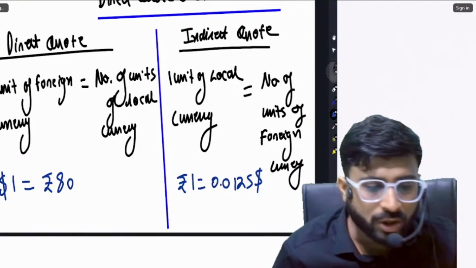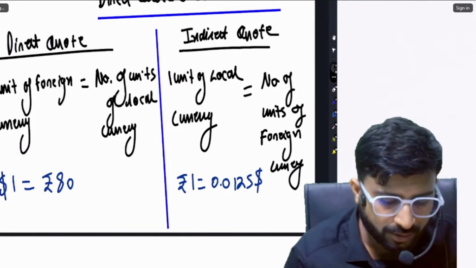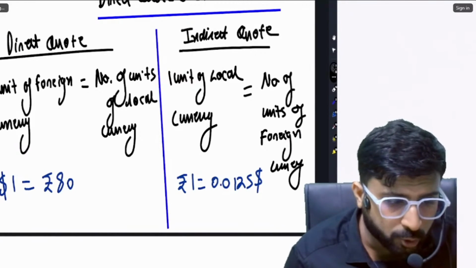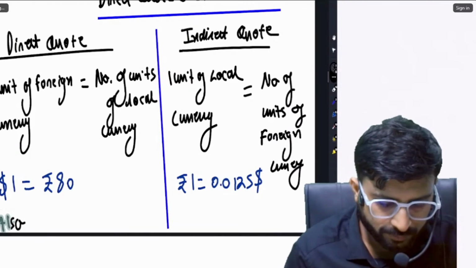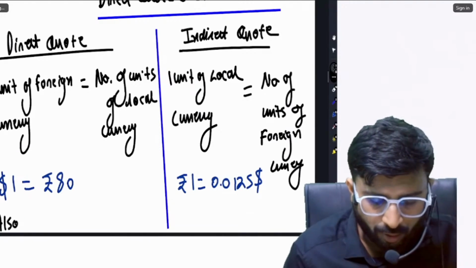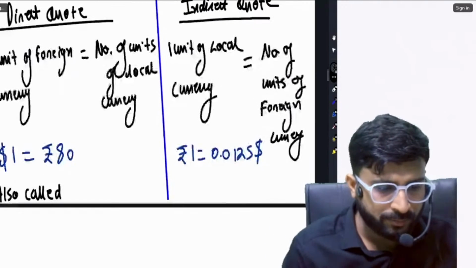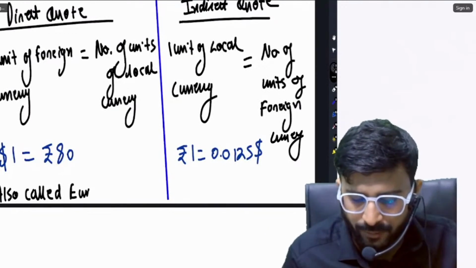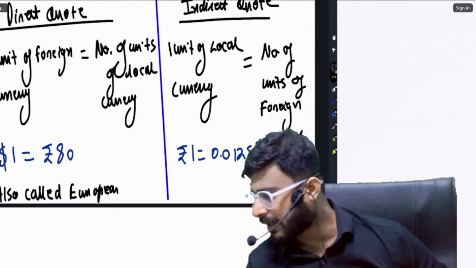Remember, direct quote is also called the European quotation system, or European currency quotation. And you know, Europe and America almost go opposite to one another.